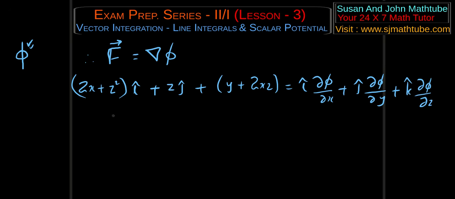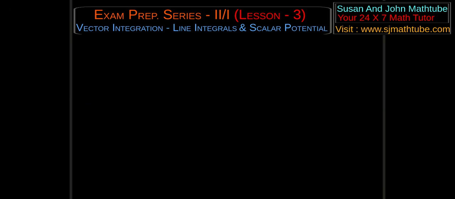And that implies we will be able to access all the partial derivatives. And since you are able to access all the partial derivatives, we will be able to find phi. So I'm going to write the next part. So the partial with respect to x, the partial with respect to y, and finally the partial with respect to z.